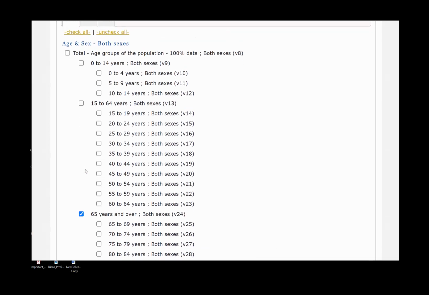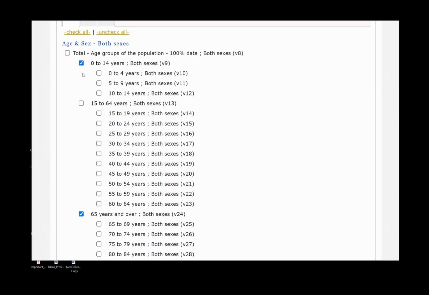Now notice how the variables are organized by indentation. If you sum these subcategories, 0 to 4, 5 to 9, 10 to 14, it will give you a total as if you had just clicked this once, 0 to 14.